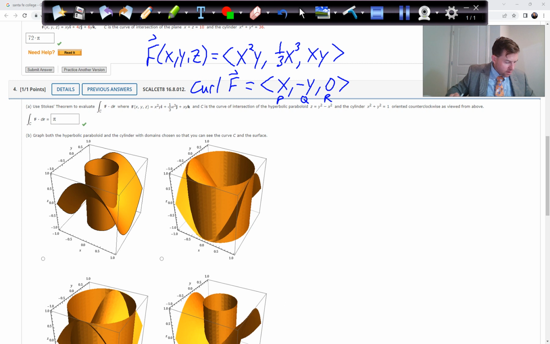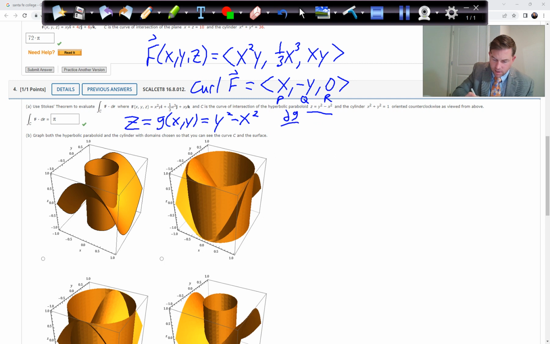And so the only other thing we need to know is that z can be written right here. z is our g of x, y, which is y squared minus x squared.